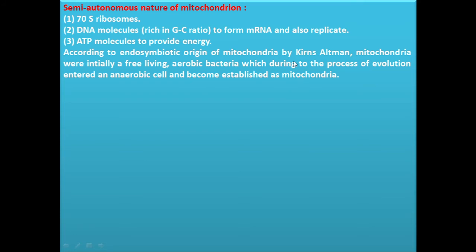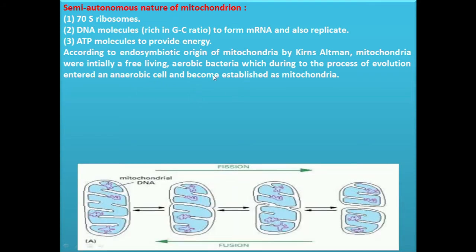Got it? How can this theory be stated as true? Because it has its own DNA, it can survive separately. So it was a free living aerobic bacteria which entered anaerobic cells and started living symbiotically. Why endo? Because it enters the anaerobic cell, living inside it, and both live symbiotically, and then it becomes mitochondria.